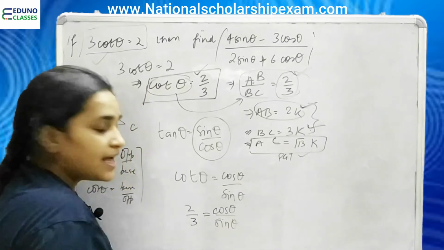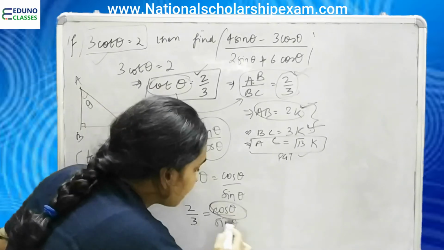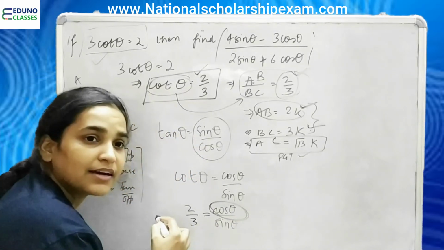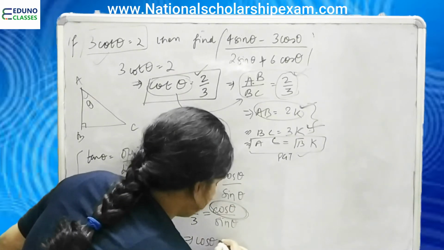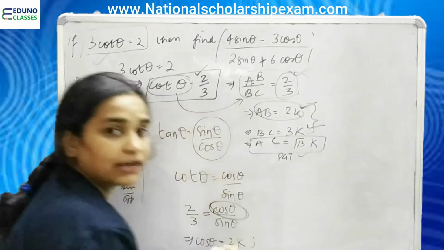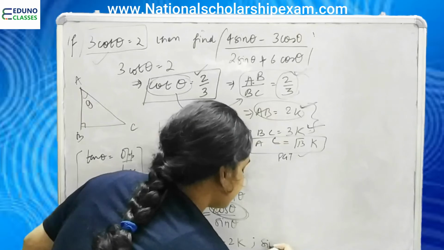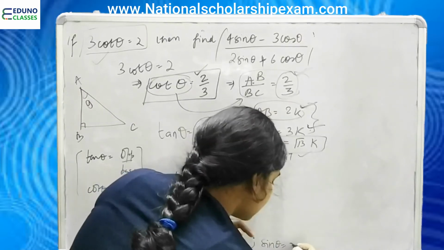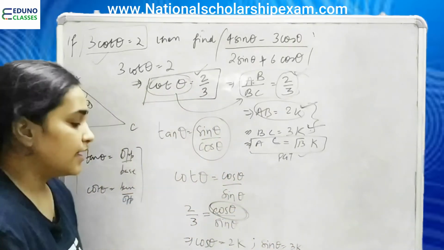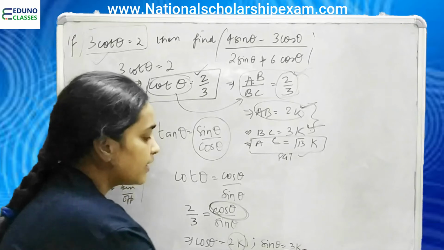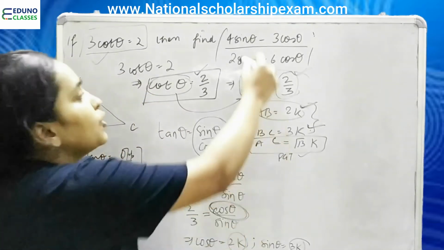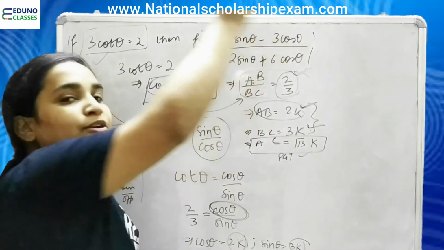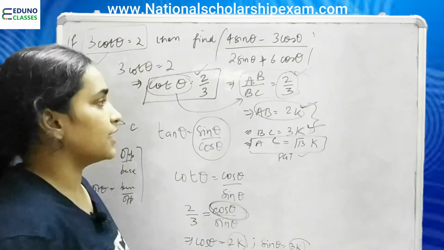Fine. So here, the actual value of cos theta would have been 2k. And sine theta is actual value 3k. Yes? Now we know 2k and 3k as the value of cos theta and sine theta. Put it here. We directly know the value of sine theta and cos theta.